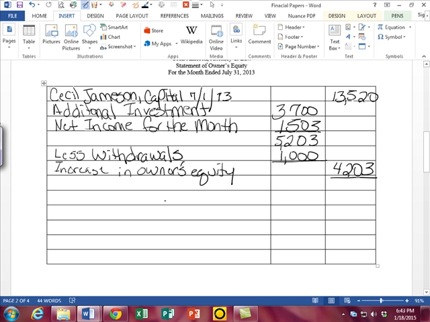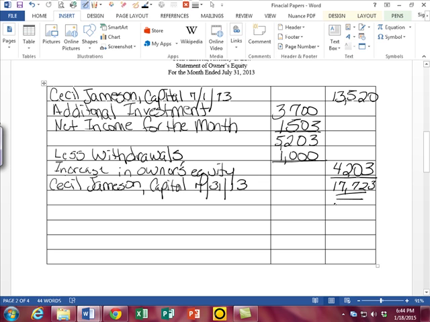Now we need to determine what the ending capital is. Then we're going to take the beginning capital, add in or take away the increase or decrease in equity to determine the ending capital. So we're going to write Cecil Jameson, capital as of 7/31/13 is now $17,723, and we're going to double underline it.